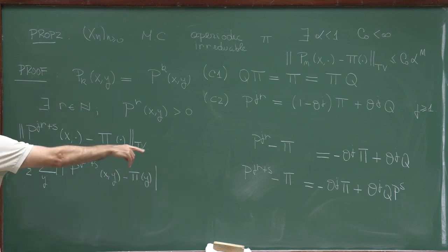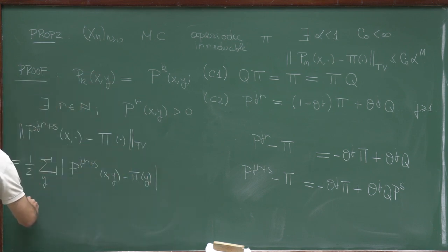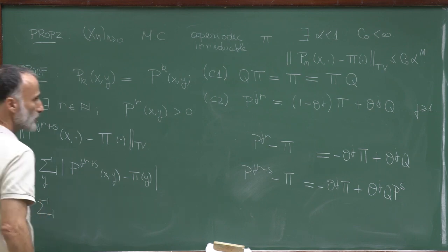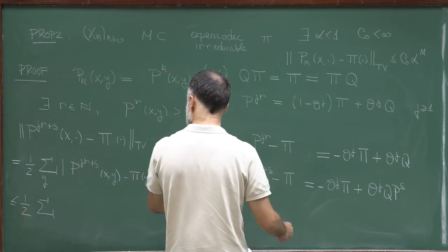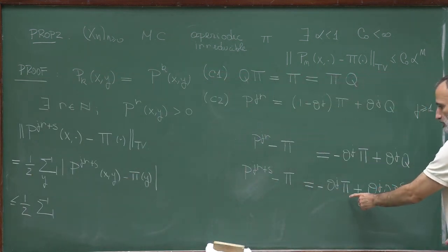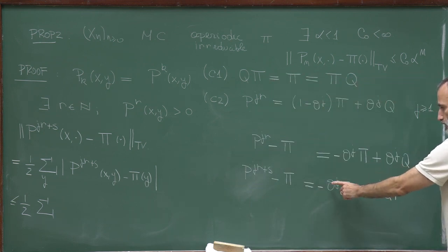And now let's use the triangle inequality, and let me use this identity for that. This is a non-negative matrix, so I get a plus sign here.